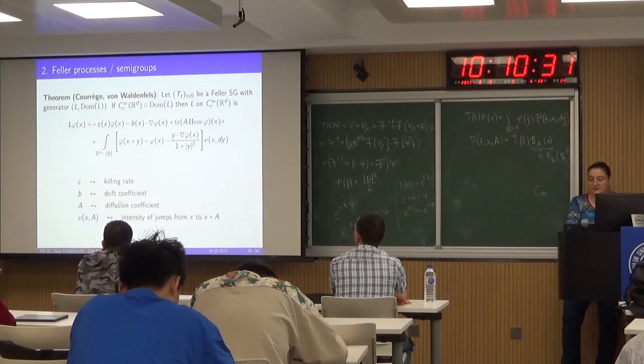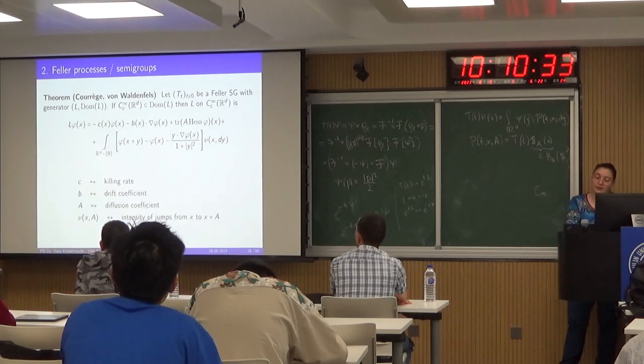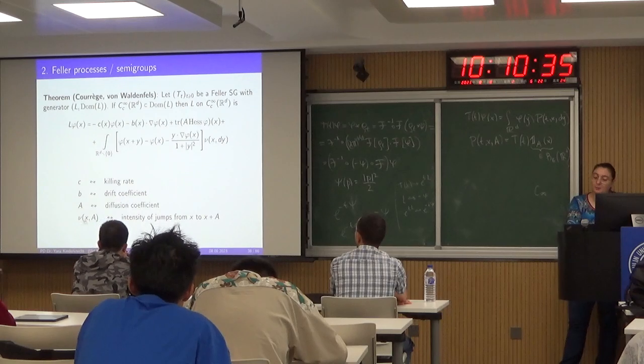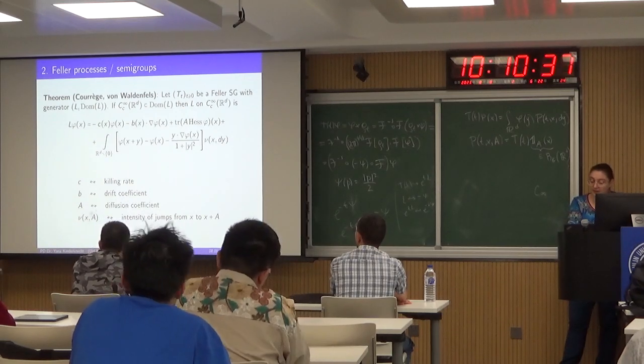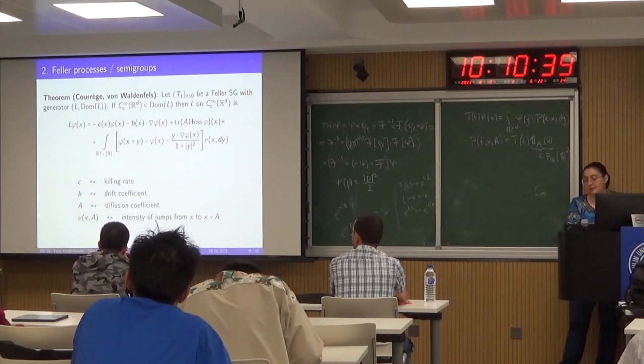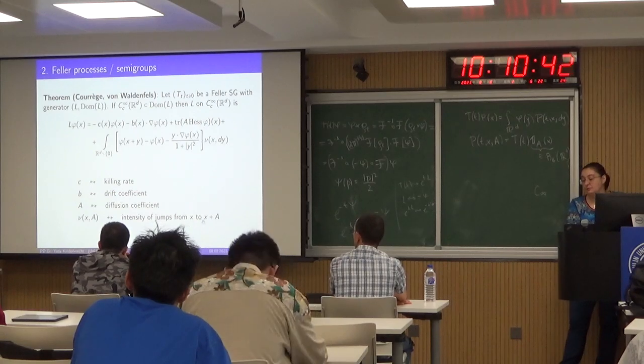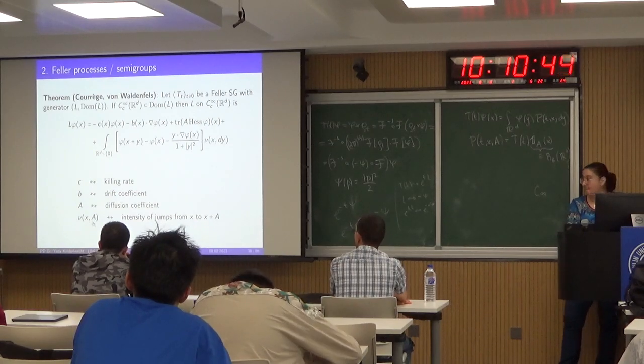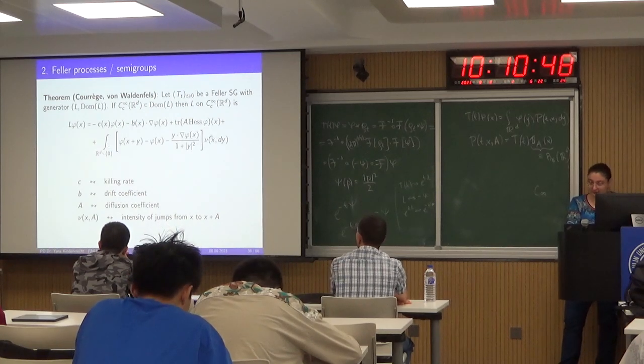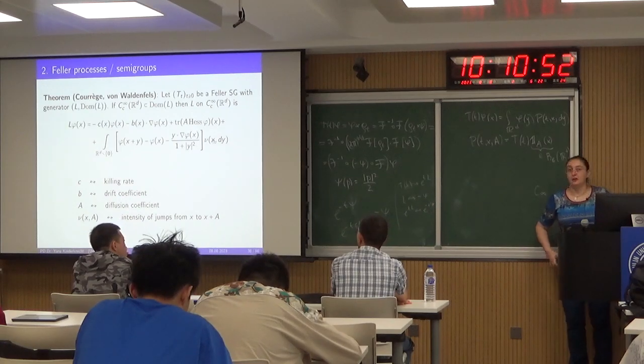So this is the interpretation of this measure. The measure nu at point x is a measure of the second variable. It describes the intensity of jumps from x to x plus y. If nu does not depend on x, then this measure is known as Levy measure.